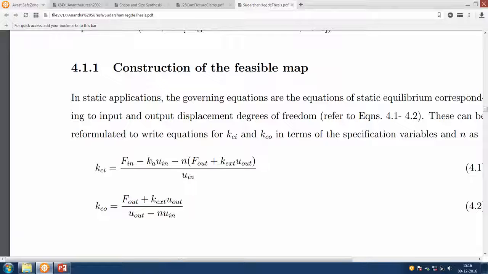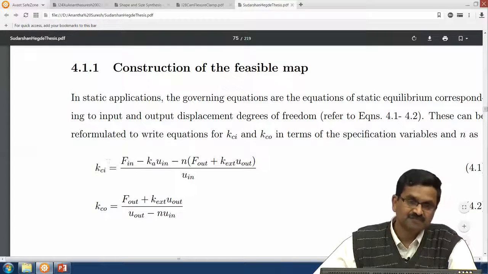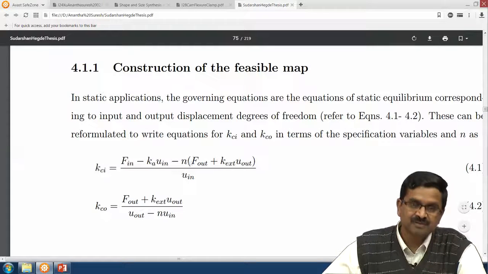Now, on each of the variables contained in it, Fn, Ka, Un, F out, K external, U out, we only have a range of values given by the user, and based on that we need to get a range of values for KCI, but then n is also there.